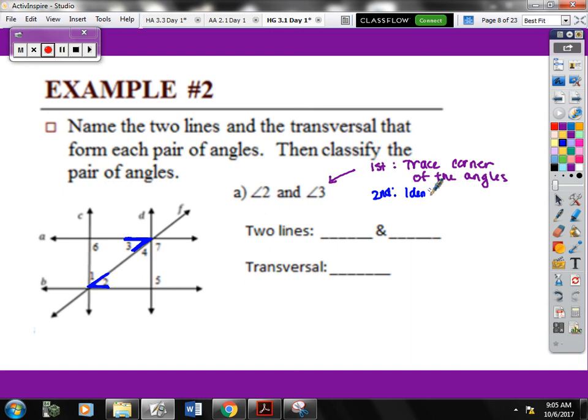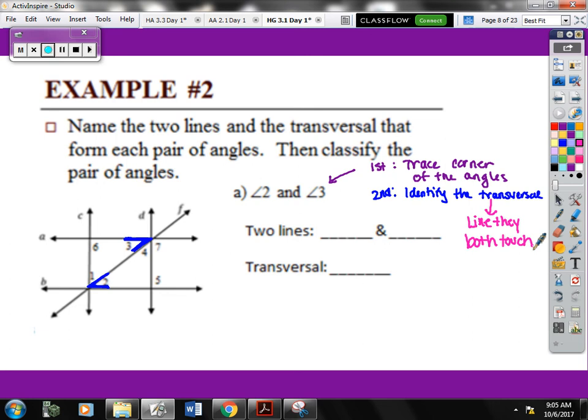So I would identify the transversal. Now the transversal is going to be the line that they share. Okay, so it's going to be the line that both of them touch.